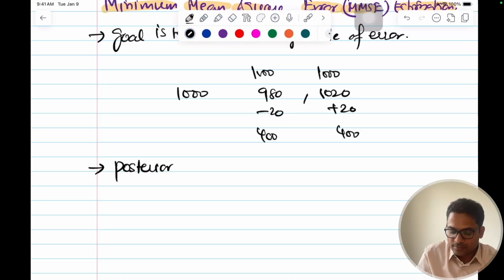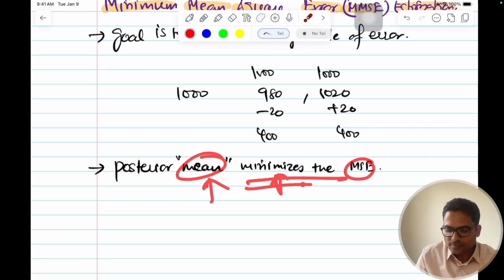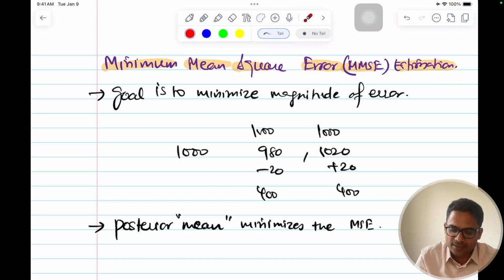posterior mean. So if I find the mean, it minimizes the mean squared error. If my estimate is the mean itself of whatever that distribution is, as a point estimate, that will give me my minimum error, because this is the distance from the mean.